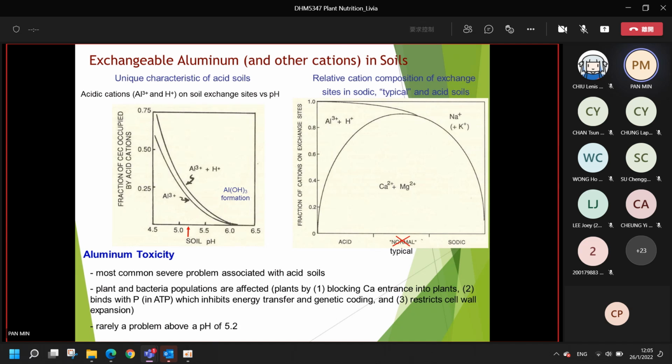And in this situation, the essential nutrient ions cannot be used by the plants, and only the aluminum cation is taken up.